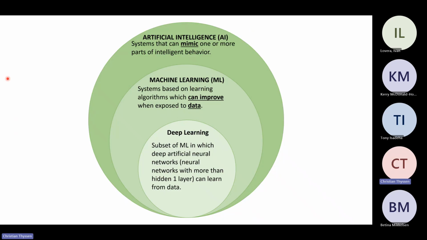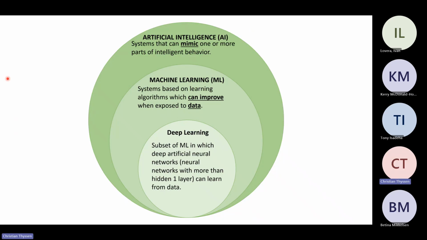So it's quite general, and not all AI algorithms are machine learning algorithms, which is the next subdivision. You can find many examples of algorithms that are AI, but not machine learning.